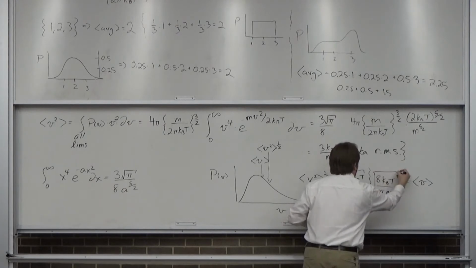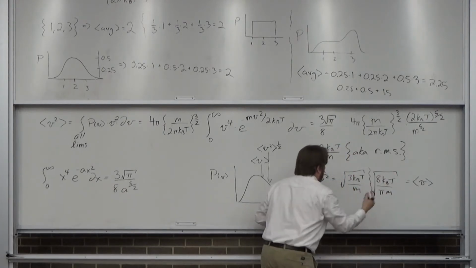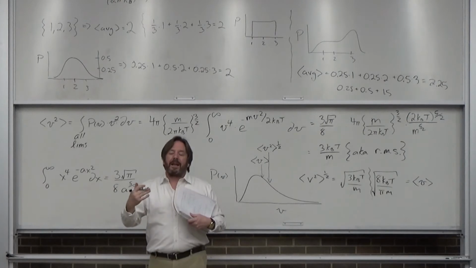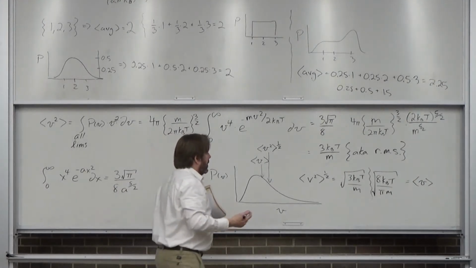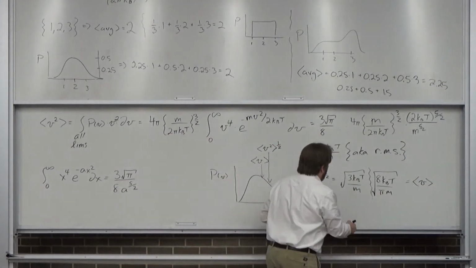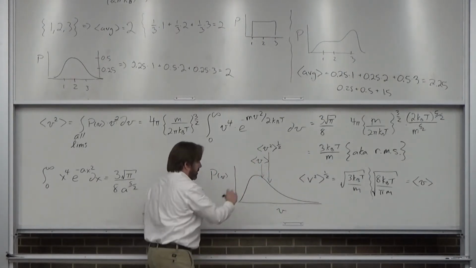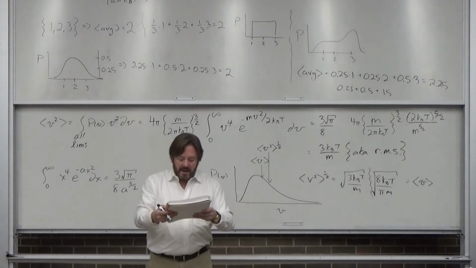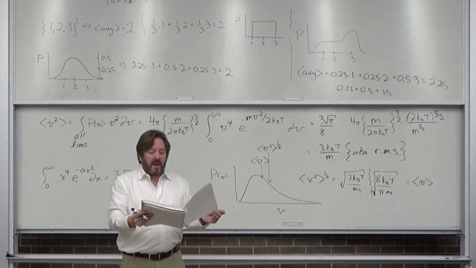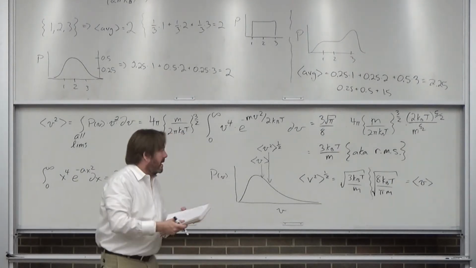You can see that what you're comparing is 3 versus 8 over pi. 8 over pi is like 2.55. So 3 is, of course, bigger than 2.55. So therefore, this is greater than the average. And so that's why I plotted it the way I did. Okay. So anyway, all right, so what?